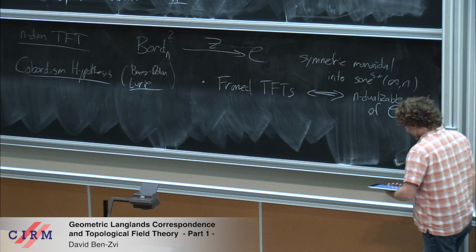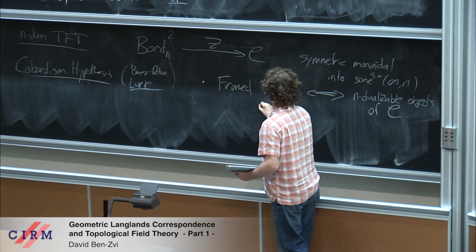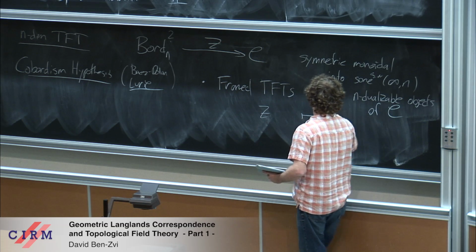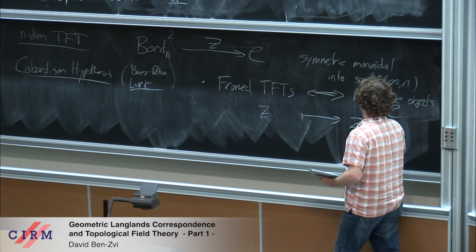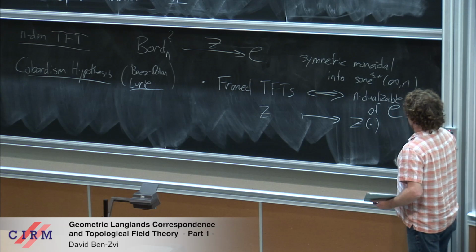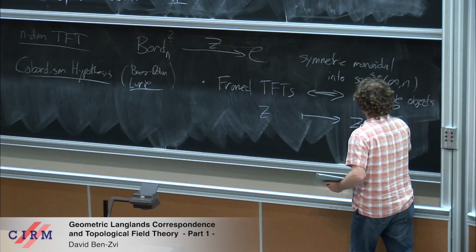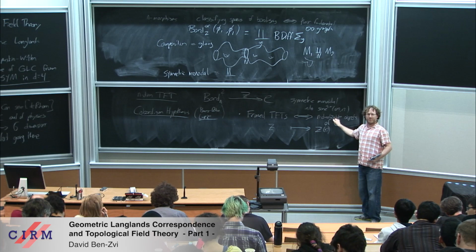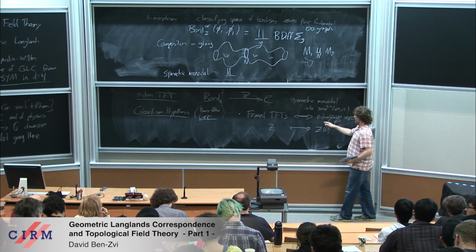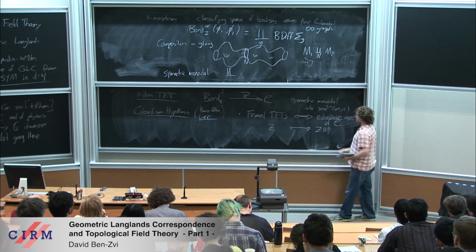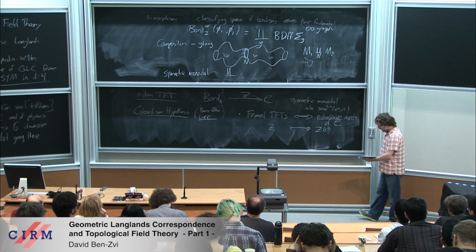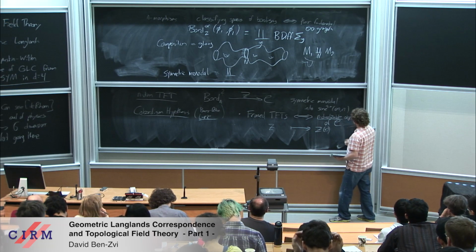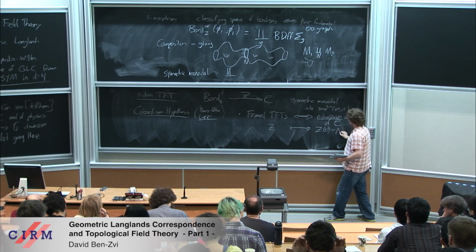To a topological field theory Z, I attach Z of the point with a trivial n-dimensional tangent bundle. That gives me an object of C that has some properties, which I'll say a little bit about in a second, and that completely determines the field theory. Let's call this object A.